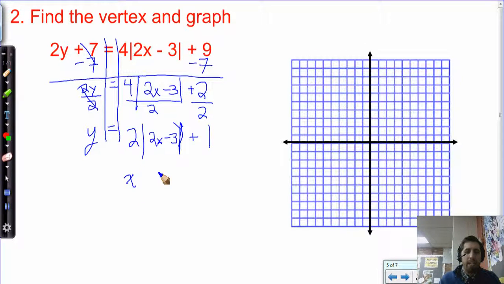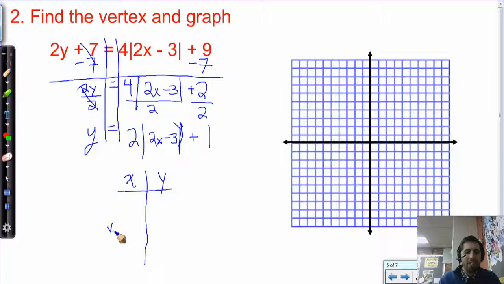Again, XY chart, and first we need to find that vertex. So what's our vertex in this case? It's the value of x that makes the inside here equal to 0. So 2 times what minus 3 is going to equal 0. That'll be our vertex.